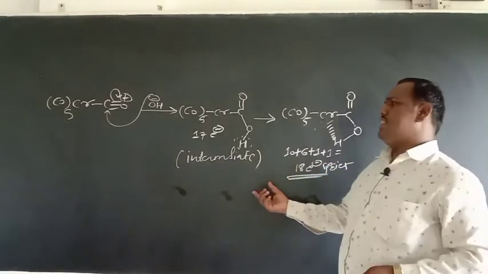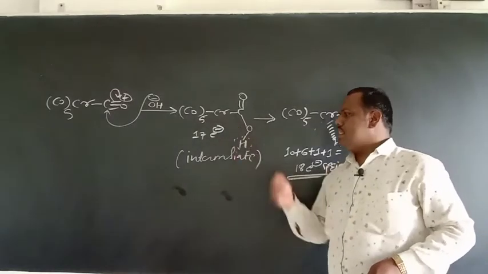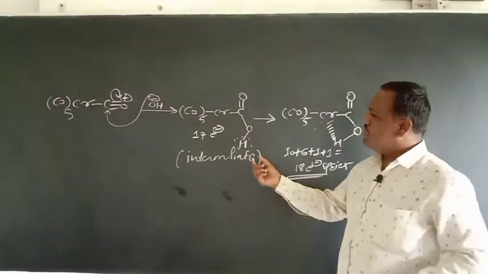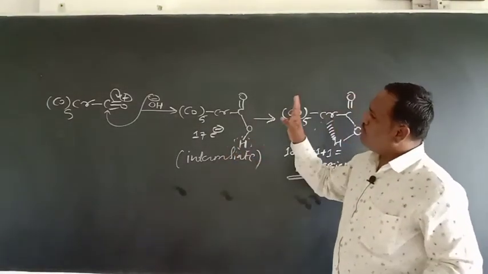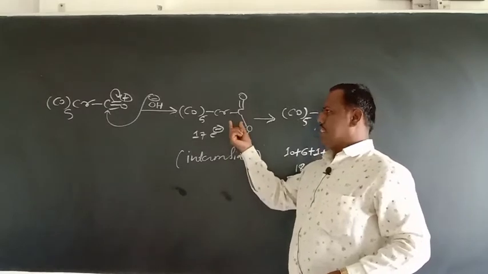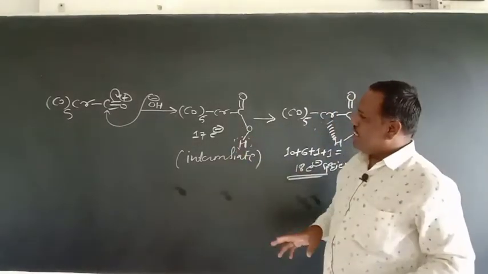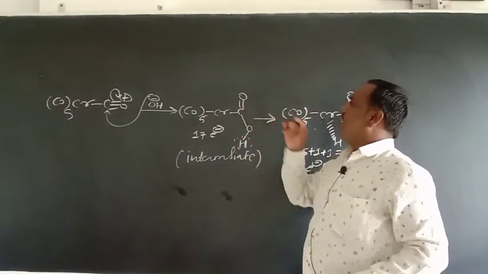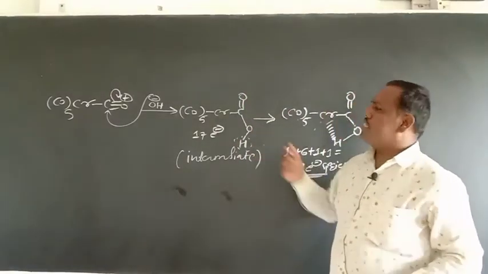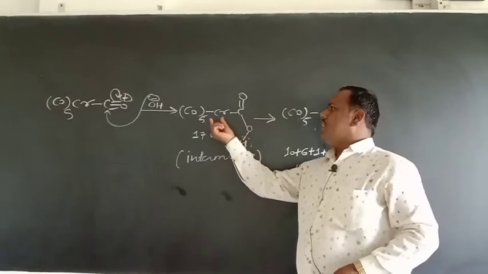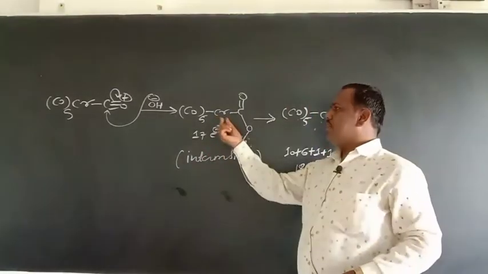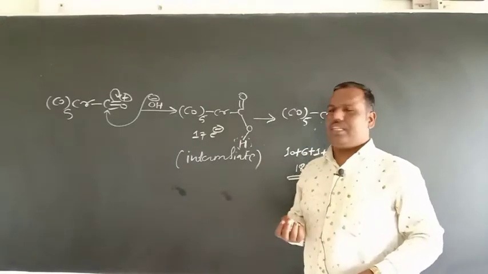So, this is the reason why this intermediate shows agostic interaction. If you do not consider any charge on the complex, it would need a negative charge to reach 18 electrons, but without considering the charge, this species becomes a 17 electron species, and therefore this metal atom is coordinatively unsaturated.